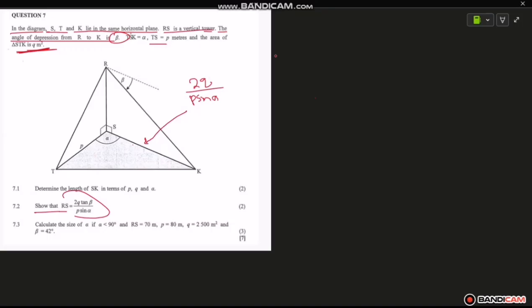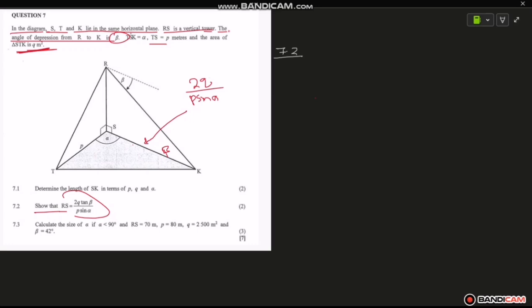They want us to show that RS equals 2q tan B over p sine A, question 7.2. What we know here is that the angle of depression equals K in triangle RKS.